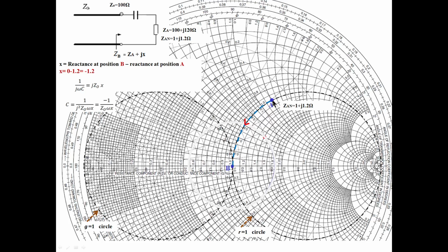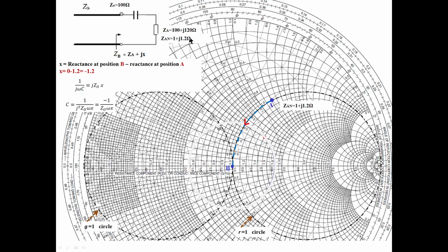First you should come to here. If the load is here, no problem. Only one element like this we can add to get the impedance match. See, if the load point is on the R is equal to one circle, because here is 100 ohm, this is the 100 ohm characteristic, but some reactance is there. You should cancel this.